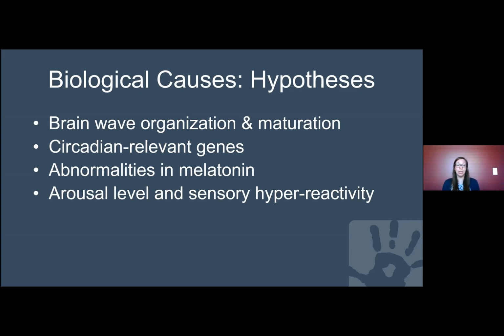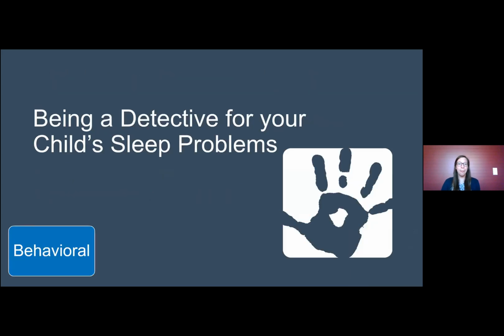So maybe kids with autism are at a higher arousal level, so it's harder for them to calm down their brain, as well as sensory hyperreactivity, which is somewhat biologically based, and we all know that kids with autism can have some sensory hyperreactivity. So those are the main biological causes that we see in kids with autism and sleep problems.